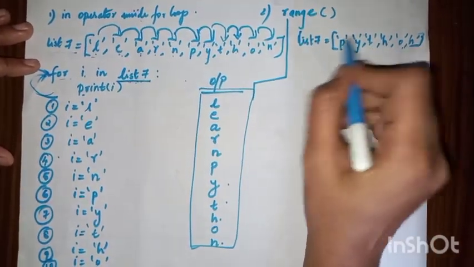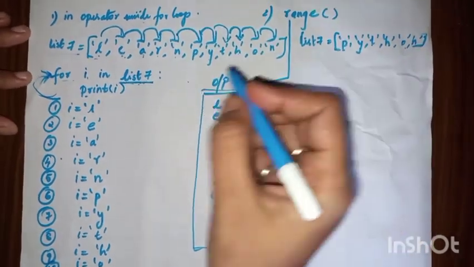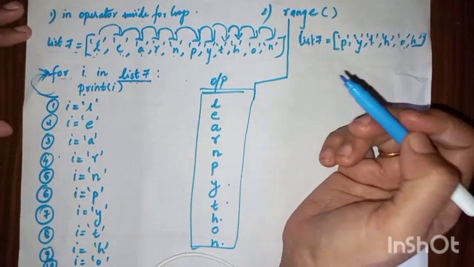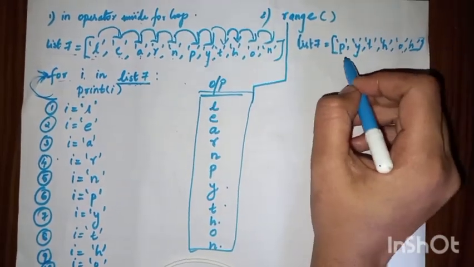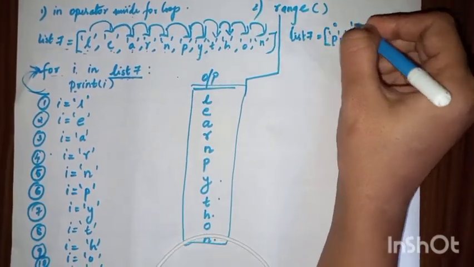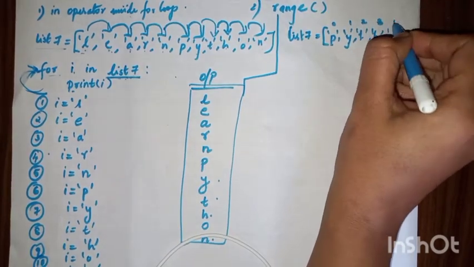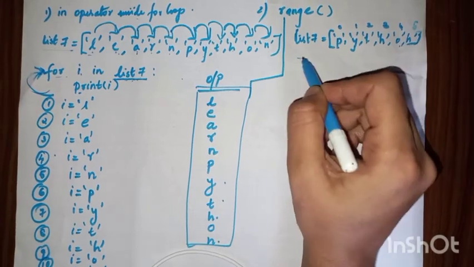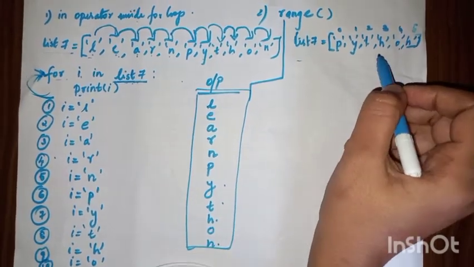These are the elements of list 7. Here we are using a range function and traversing based on the index 0, 1, 2, 3, 4, 5. These are the index values of the elements of this list.